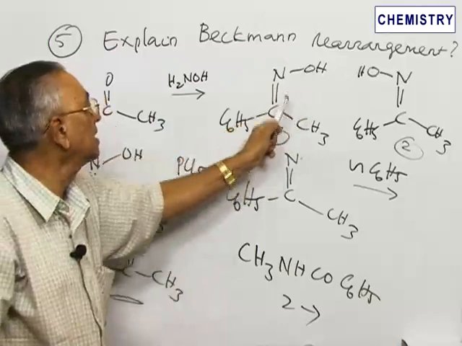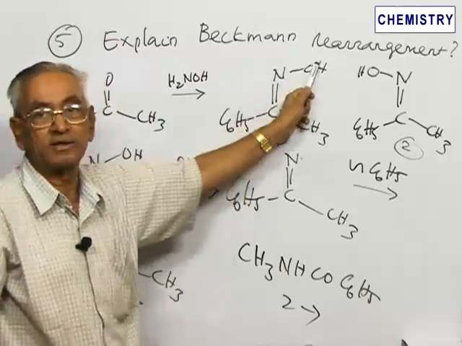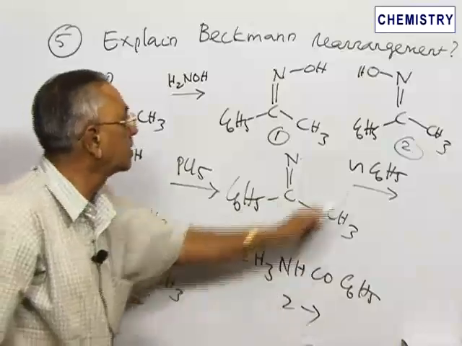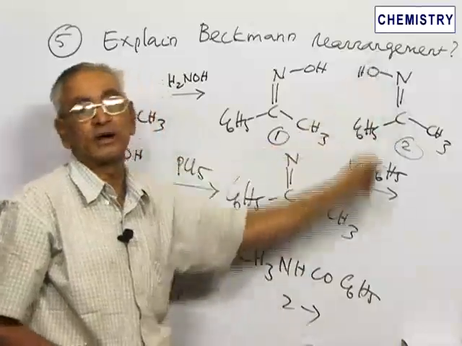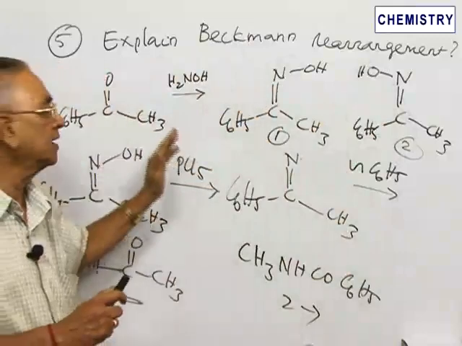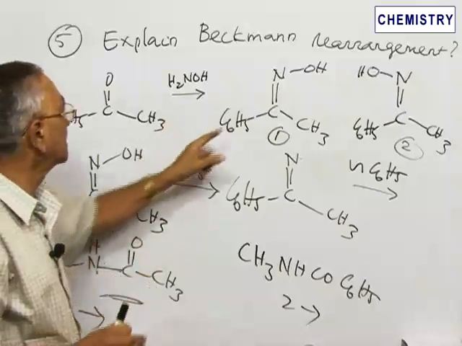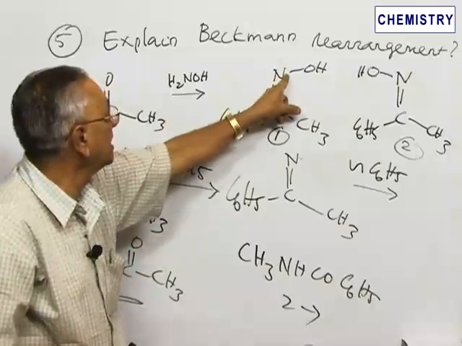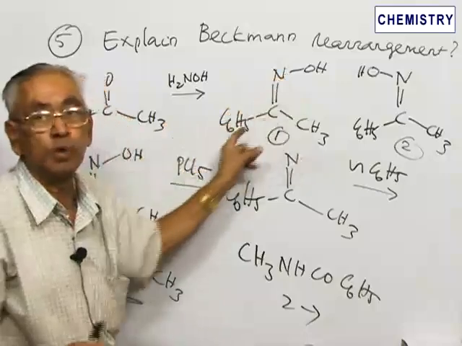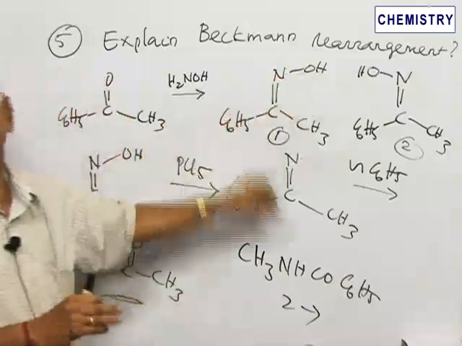What does it actually mean? The OH is anti to C6H5, or C6H5 is anti to the OH. Supposing this compound is formed, CH3 is anti to OH. This is what is actually known as Beckmann rearrangement. This is one of the very important rearrangements of the oximes. The most important thing is that an electron-deficient nitrene is obtained, from which one of these two groups migrates. Which group actually migrates? The one which is anti to the OH migrates.